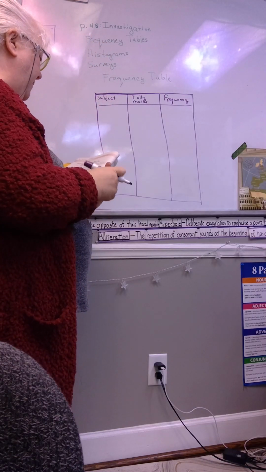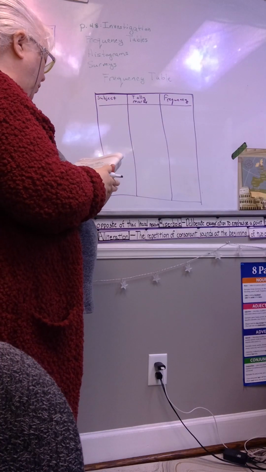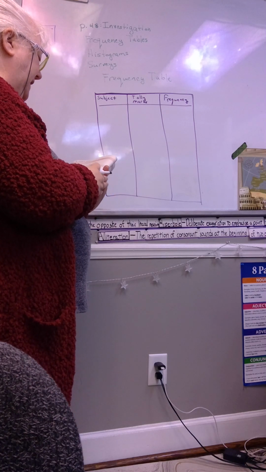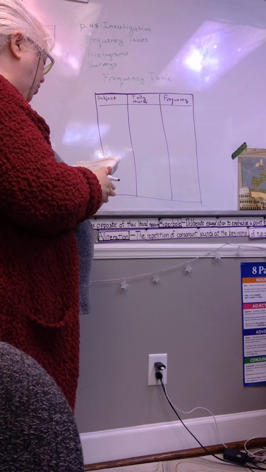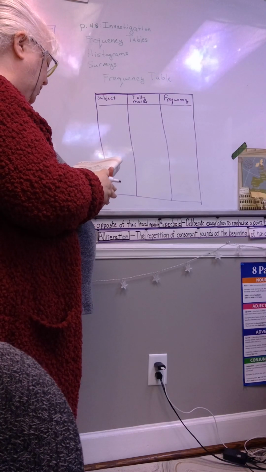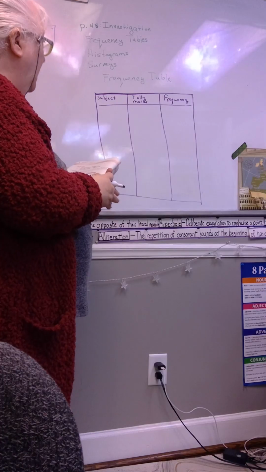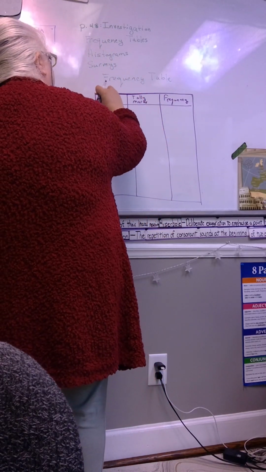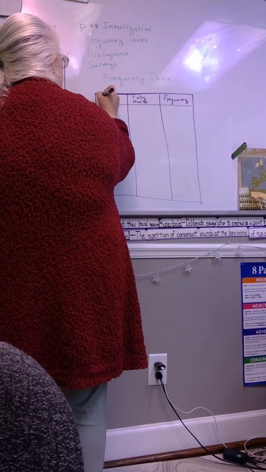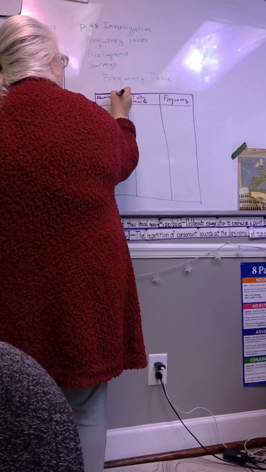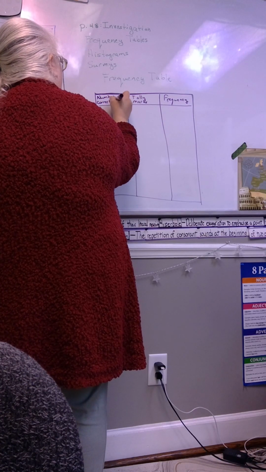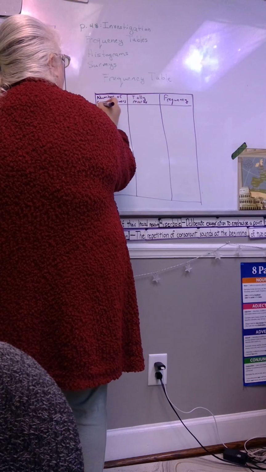So we have this on page 48. Hannah made a frequency table to record her test scores throughout the year. For each test, she made a tally mark in the row showing the number of correct answers on the test. So her subject is number of correct answers on the test.